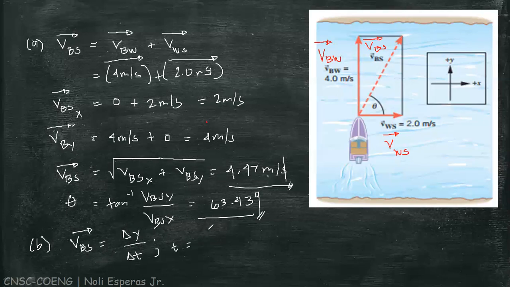Therefore, t is equal to the displacement, which is 1,800 meters, over the velocity of the boat with respect to the shore, with its y component. So this one is the y component, which is equal to 4 meters per second. Therefore, the time it takes is 450 seconds.